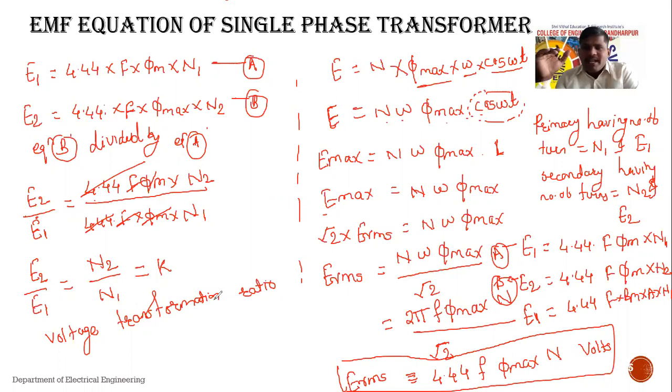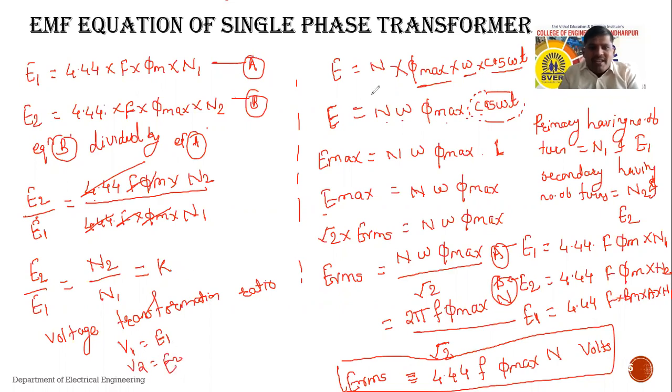So V1 equals E1. Similarly, induced EMF E2 equals secondary voltage V2.